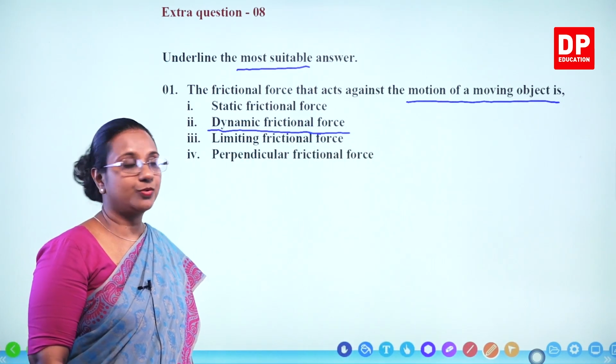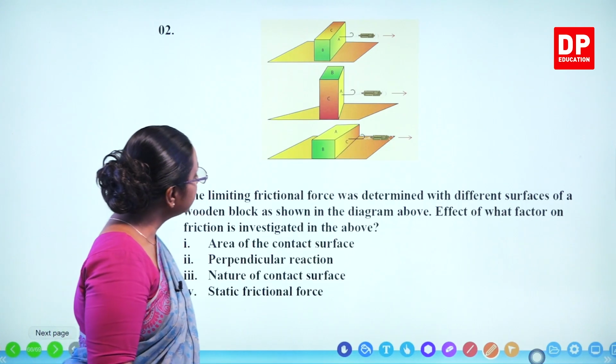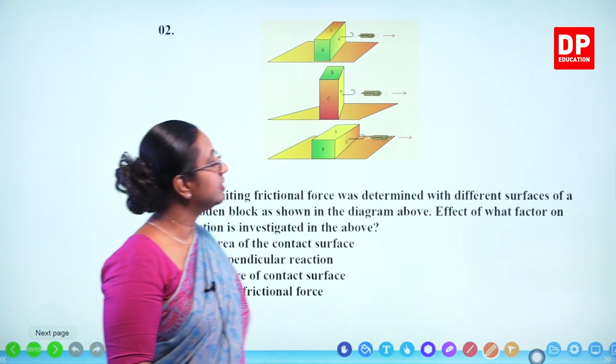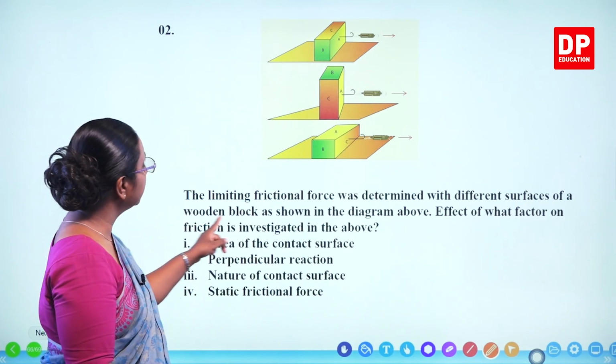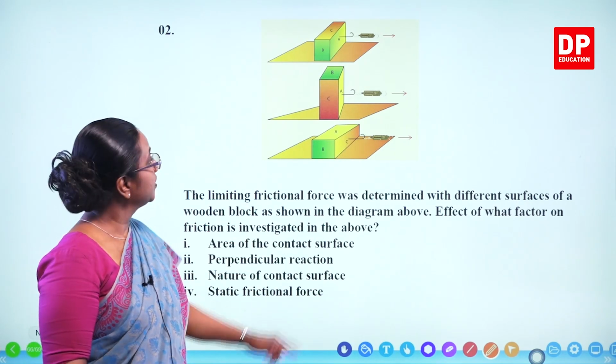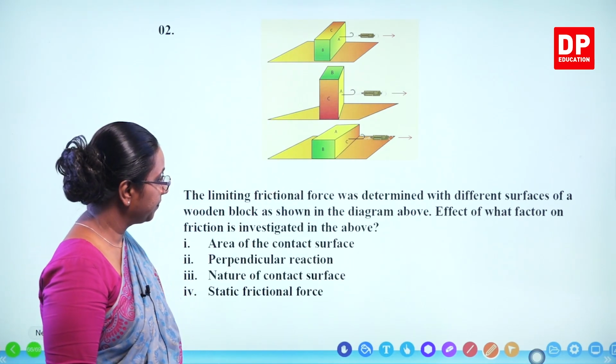Now the next question. Here a diagram is given to you. It is very familiar to you, students. We have done this activity before. The limiting frictional force was determined with different surfaces of a wooden block as shown in the diagram above. So here you can see the surface areas are different.